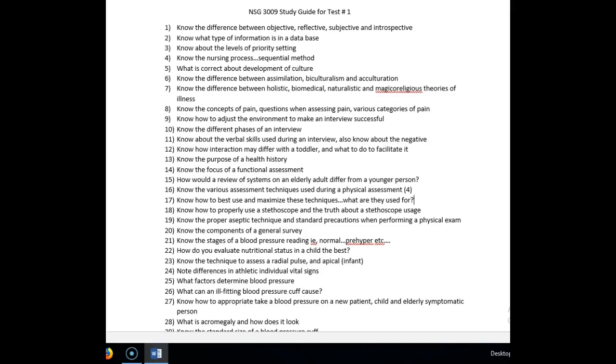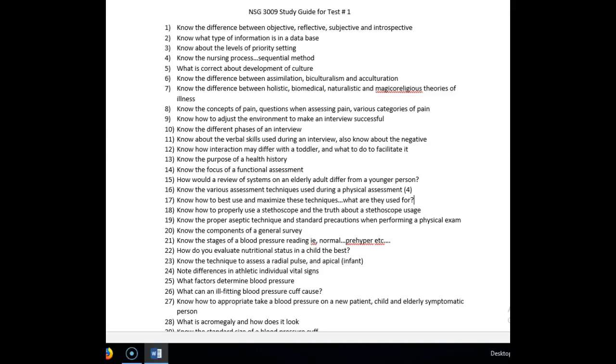So a lot of times a person may be introspective about feeling a certain way about a behavior that a person does or something like that. So those are the definitions, and be able to look at those definitions and put them within a scenario particularly.